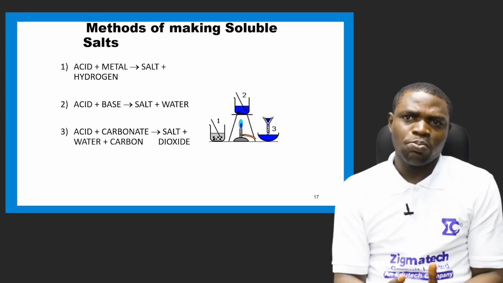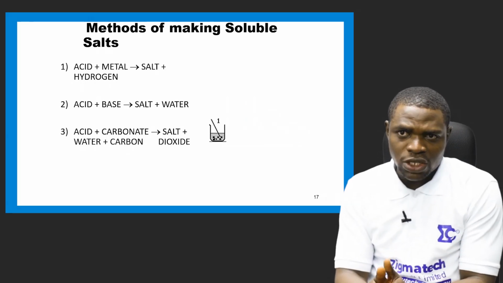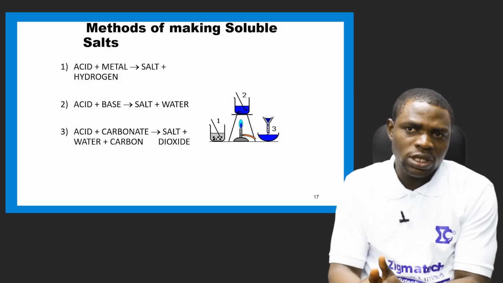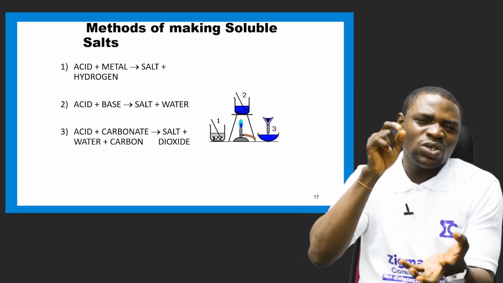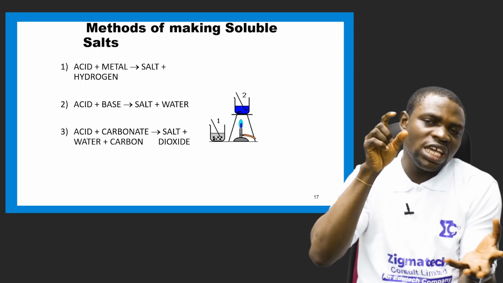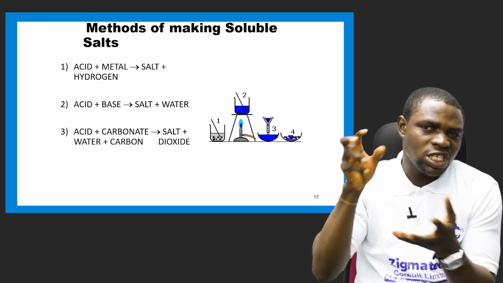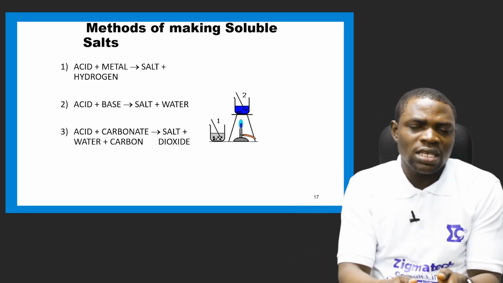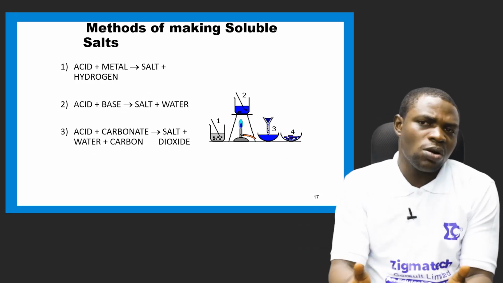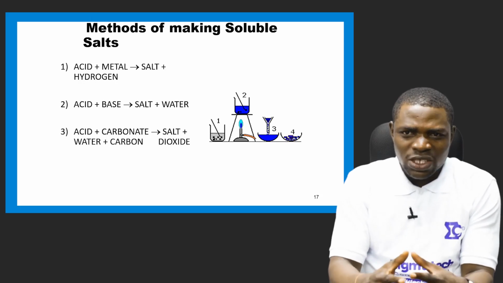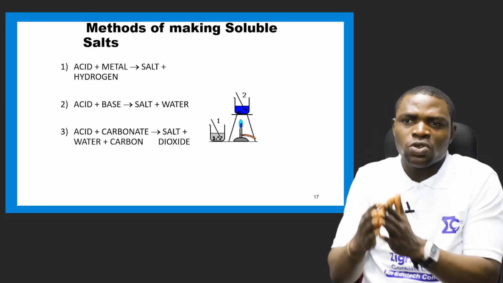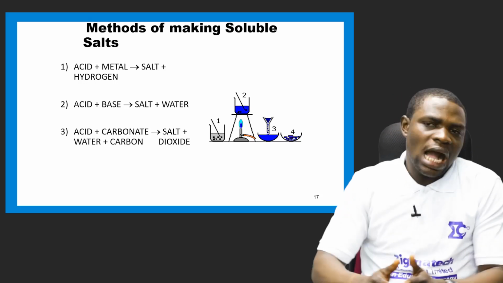Now come to another method. Acid and base, you have salt and water. That salt actually is as a result of the hydrogen ion and the hydroxide ion from acid and base respectively. Now when you take acid and carbonate, like sodium carbonate, like potassium carbonate, when you take it together and react with acid, you form salt, water, and carbon dioxide.